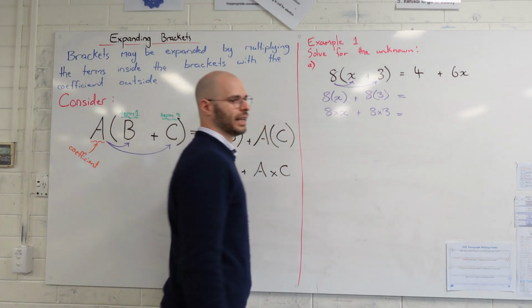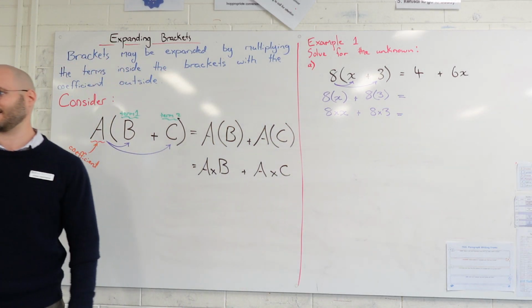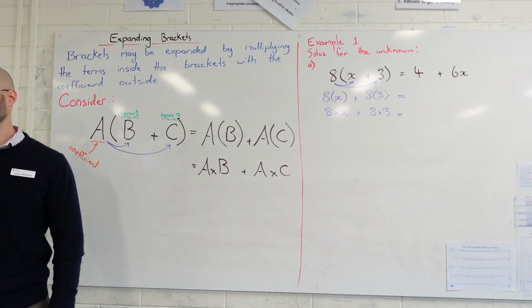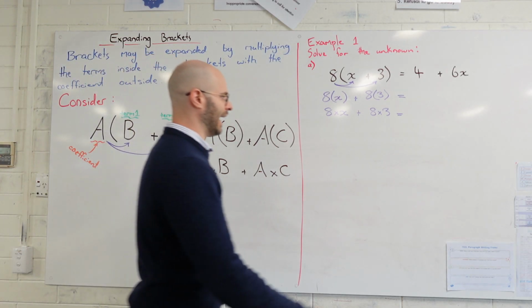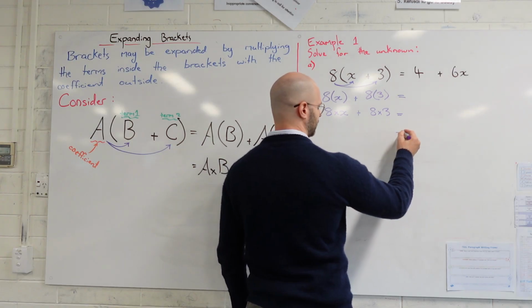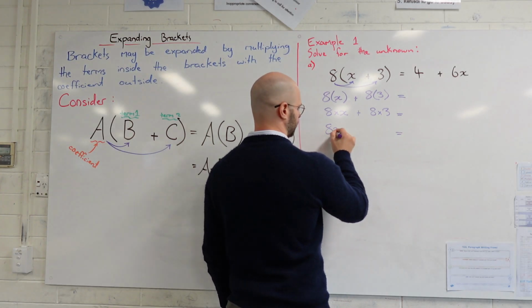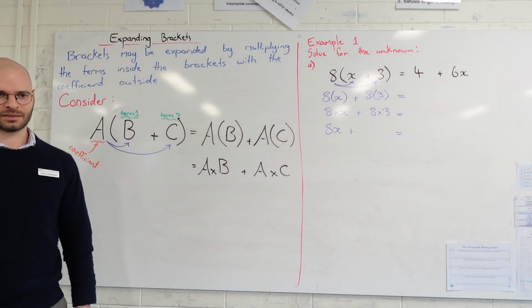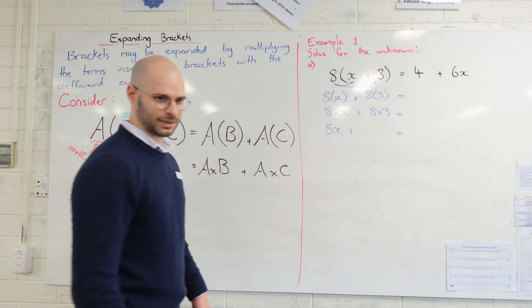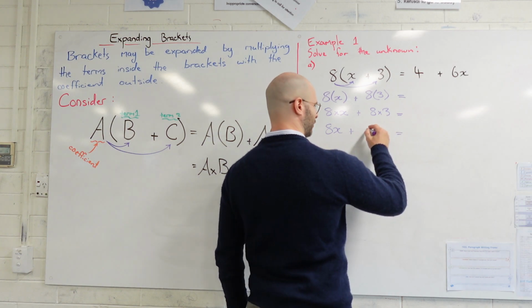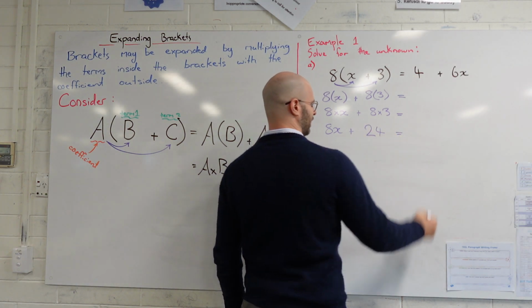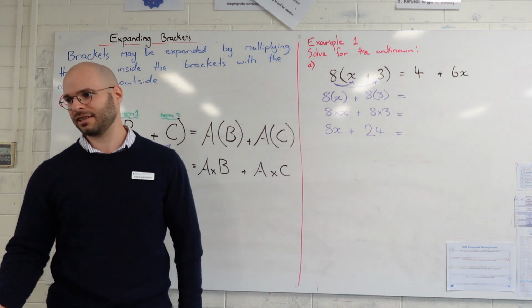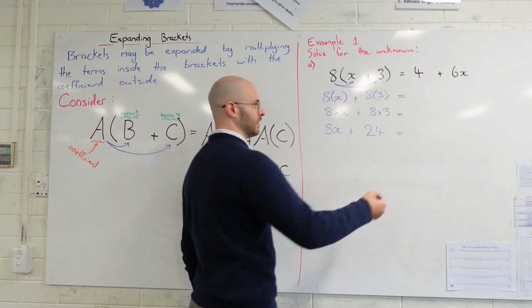Nothing's changed on the right, so you can choose not to write anything there on this line. Next, 8 times x is just 8 x's. Plus 8 3s. What are 8 3s, Hunter? 24.